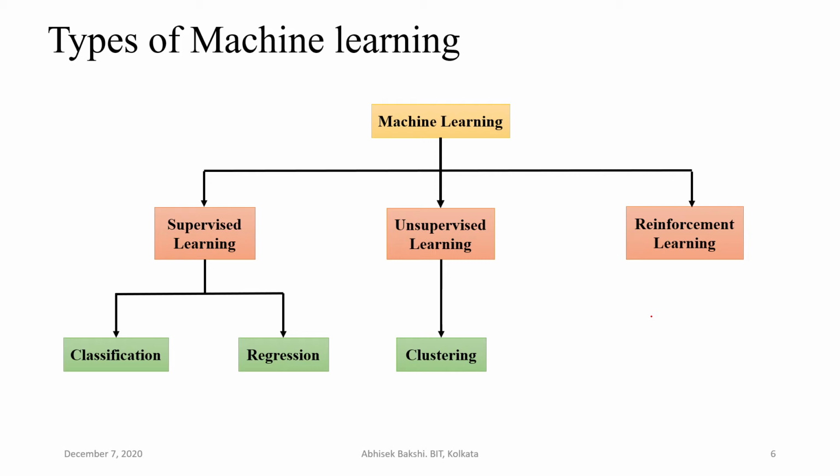The label we consider here can be either discrete or continuous. If the label is discrete, we consider it a classification problem. If the label is continuous, we say it's a regression problem. We will understand all these different problems with various examples. I hope you can understand very easily.